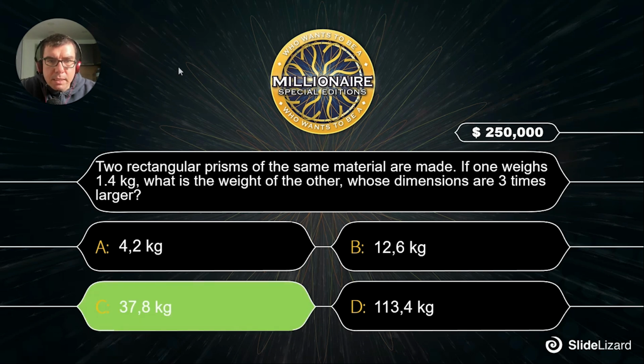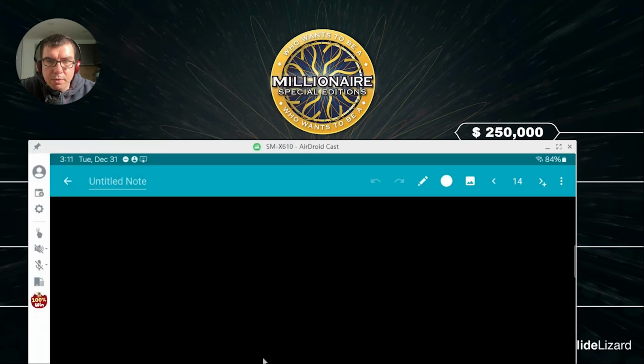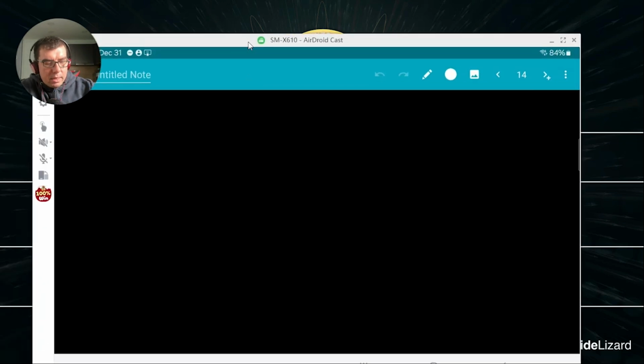This problem is relatively easy, because if we use the previous formula, let's say M1, the mass or the weight of the first prism, will be rho times V1, right?